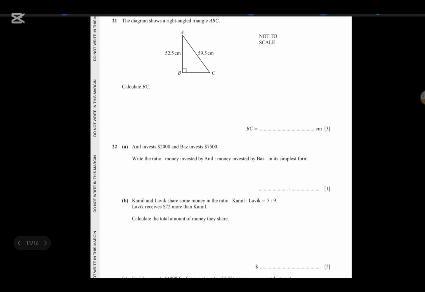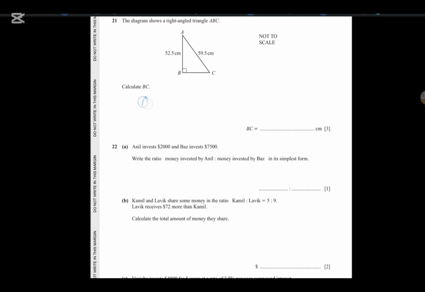The diagram shows a right-angled triangle ABC. AB is given, AC is given. Calculate BC. So we need to find this BC. So this is a right triangle, so use Pythagoras theorem.